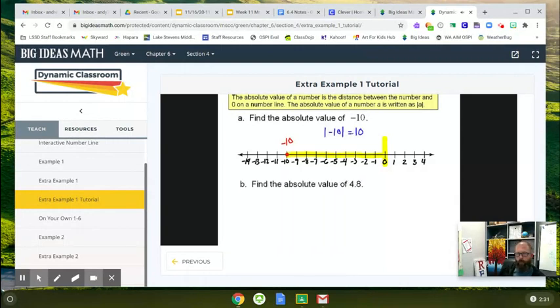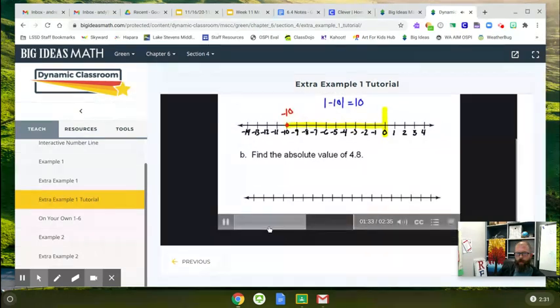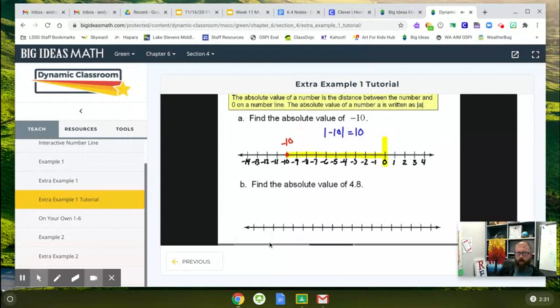Find the absolute value of 4 and 8/10. Start with a number line and label the number line with 0 toward the left so we can find the distance between 4 and 8/10 and 0. Continue to label the number line using increments of 5/10. You can make your number line however you want. Now 4 and 8/10 is approximately here.